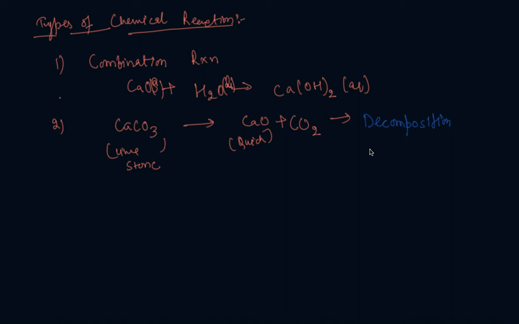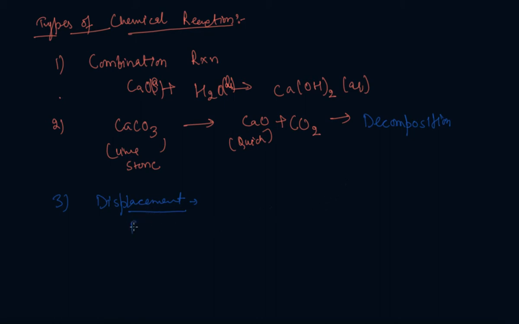Next we discussed the displacement reaction. In the displacement reaction, I gave you the example of iron plus copper sulfate solution. In the setup there were two electrodes that we discussed.